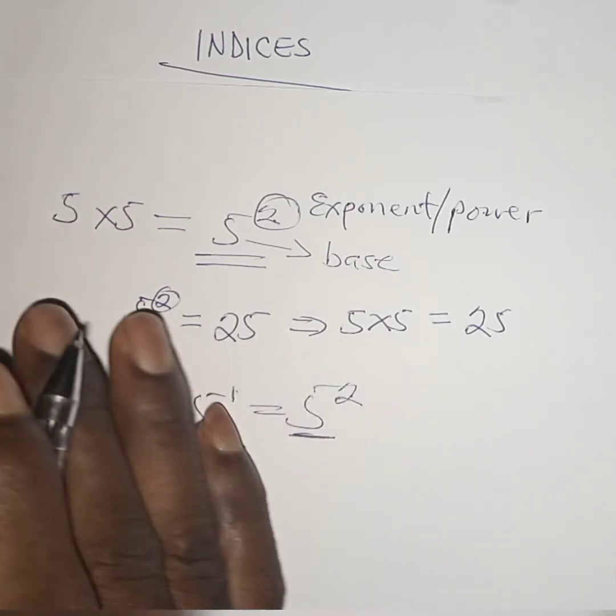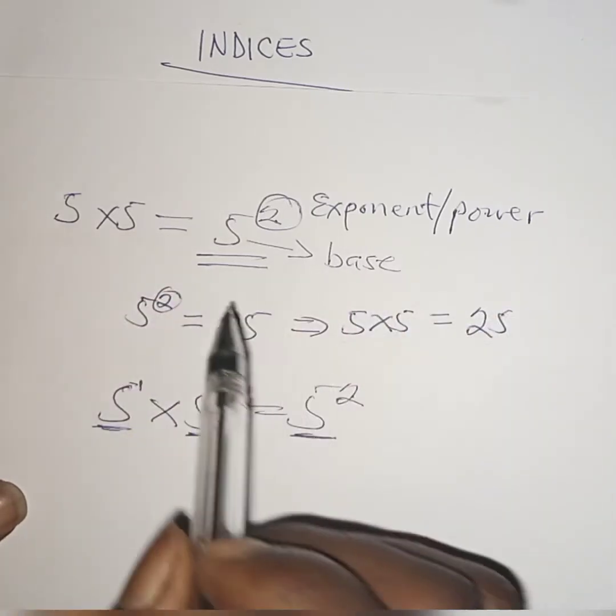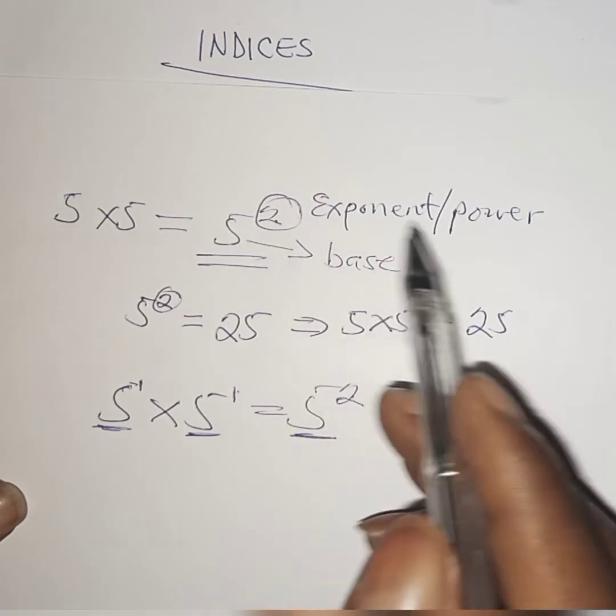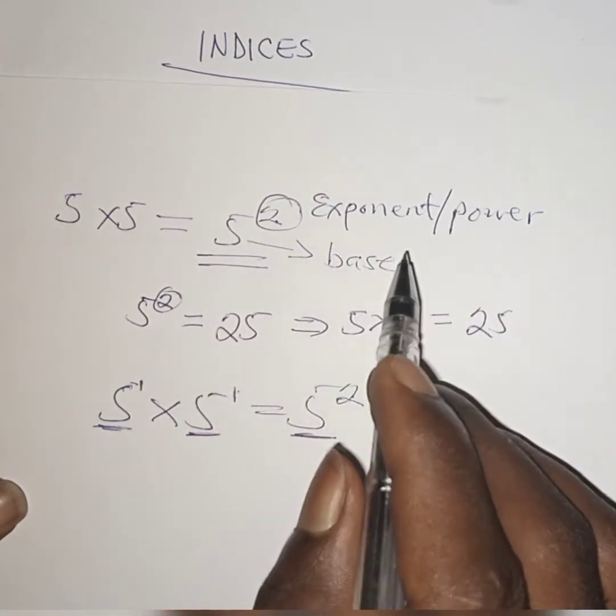If we multiply a number by itself 2 times, it is a square of that number.